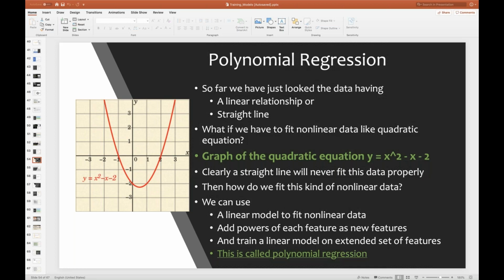Now, there are three important points here. The first important point is you can use a linear model. The reason you're using a linear model is to fit nonlinear data. Makes sense. Add powers of each feature as new features. Makes sense.